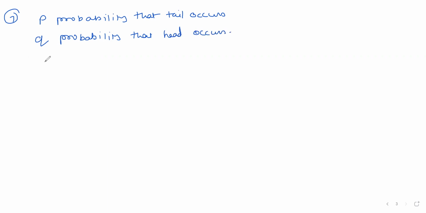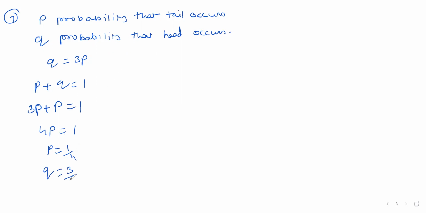So according to them, Q is 3P. Now if I throw a coin, either head will occur or tail will occur. So P plus Q should be equal to 1. So 3P plus P is equal to 1, 4P is equal to 1, P is 1 by 4. So probability that tail occurs is 1 by 4. And probability that head occurs is 3 by 4.